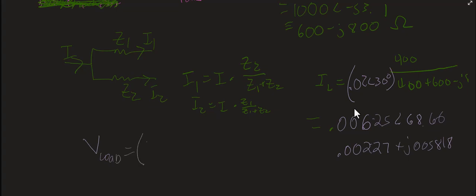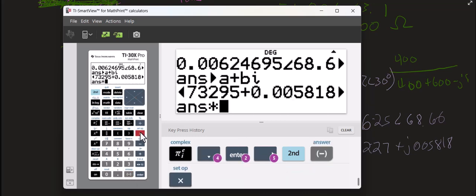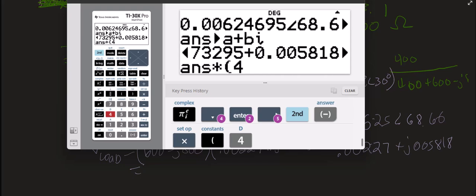will equal 600 minus j800 times 0.00227 plus j0.005818. So on the calculator, I'll take my answer from my last problem times, and I need to be careful to use parentheses, 600 minus j800.